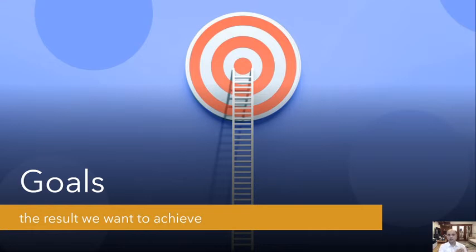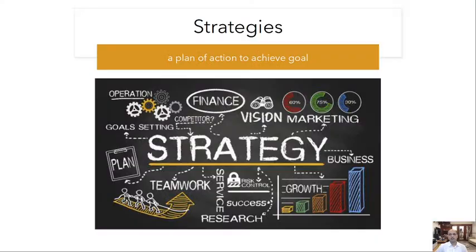So they will set a goal, and to achieve that particular goal, we need to create some strategies of different kinds. Like a marketing strategy, a business strategy, long-term strategy, short-term strategies. All these things are related to strategies.